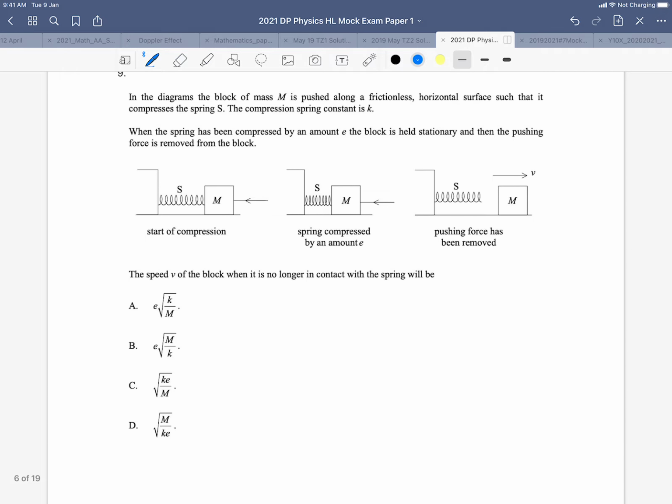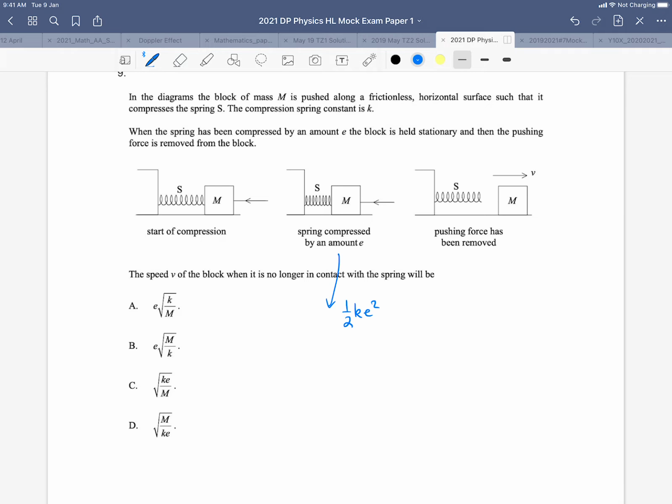We have a spring being compressed by an amount e, held stationary, and then sort of released, right? So we know that when a spring is compressed by an amount e, there's some elastic potential energy equal to this. That has a k in there. And that is going to be equal to the kinetic energy of big M when big M leaves the spring, right?